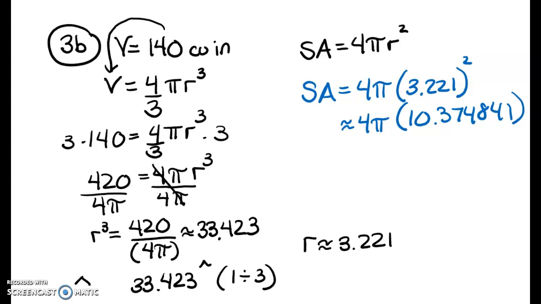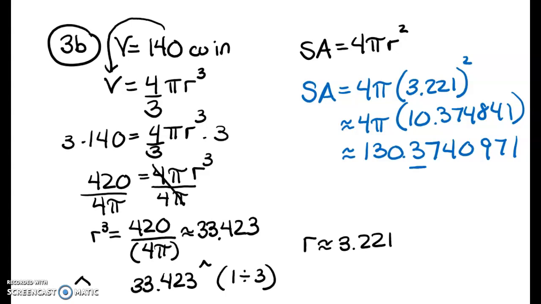Now I'm just going to multiply that by 4 and pi. And I approximately get 130.37400971.